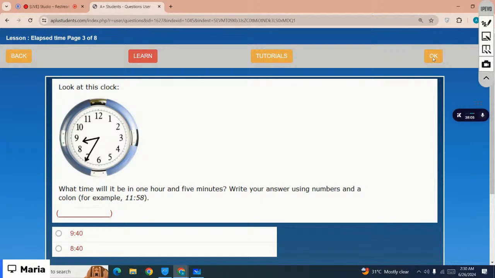The correct option is 9:40. Option number 1 is the correct option.